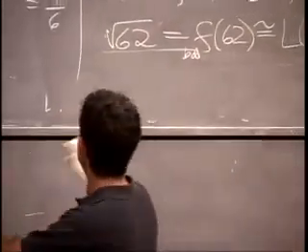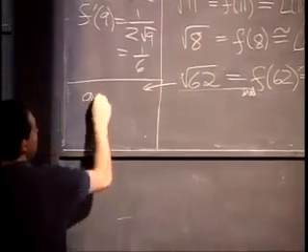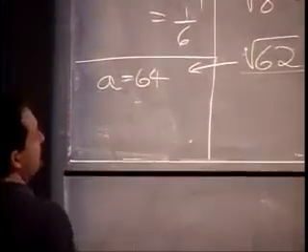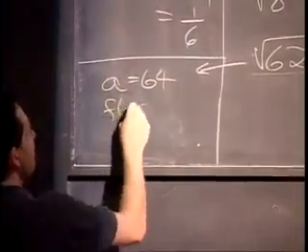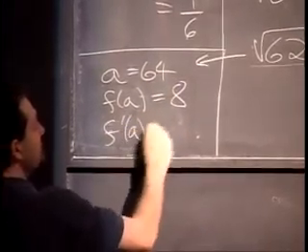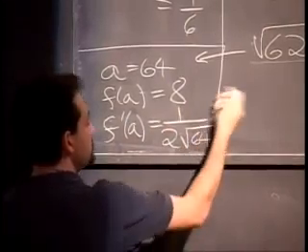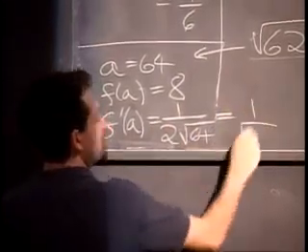Yeah, you repeat the problem, but instead take a equals 64 in the first place. And so now if you work it out, f of a is 8, f prime of a is 1 over 2 root 64, which is 1/16.